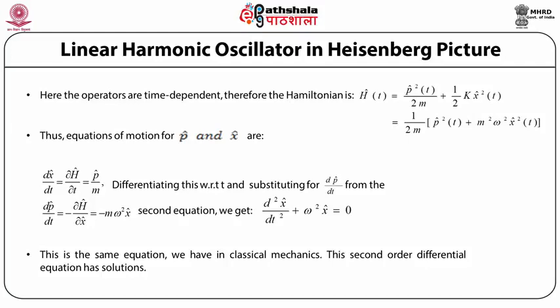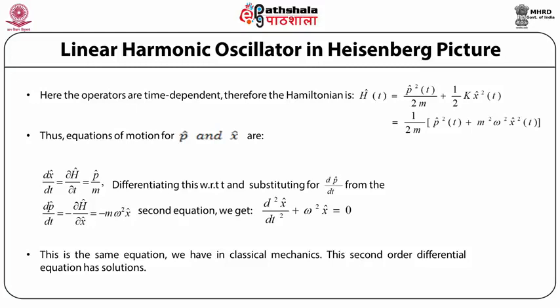Similarly, the time derivative of the momentum operator p is equal to minus the partial derivative with respect to the position operator of the Hamiltonian operator H, and this is equal to minus mass times the square of the angular frequency times the position operator x.